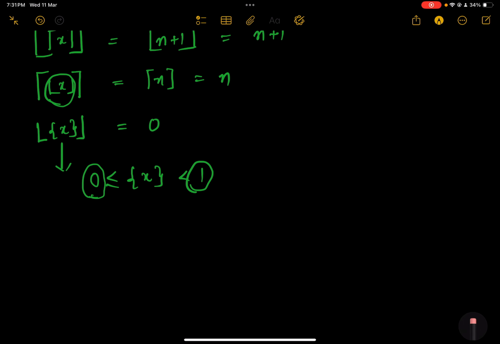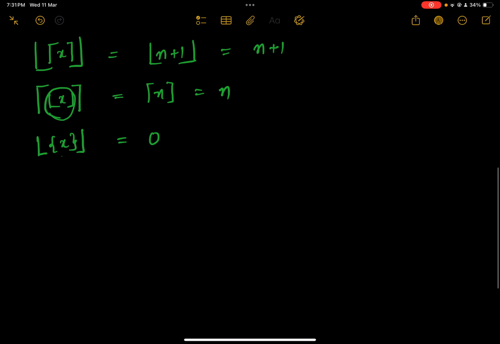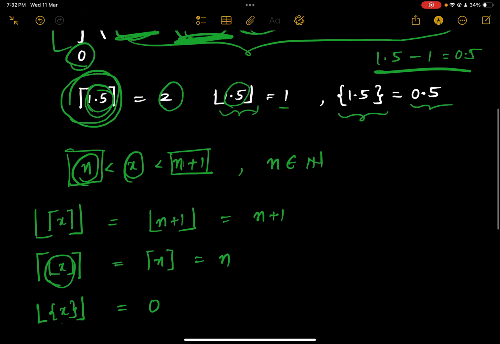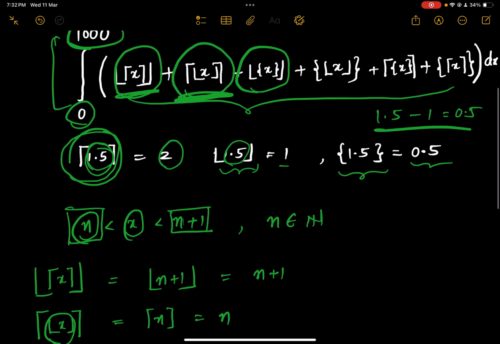It will simply be 0. Therefore this quantity is always 0, and we are not checking where x literally equals n plus 1 or n, because when you are dealing with integrals, values at specific points do not really matter.